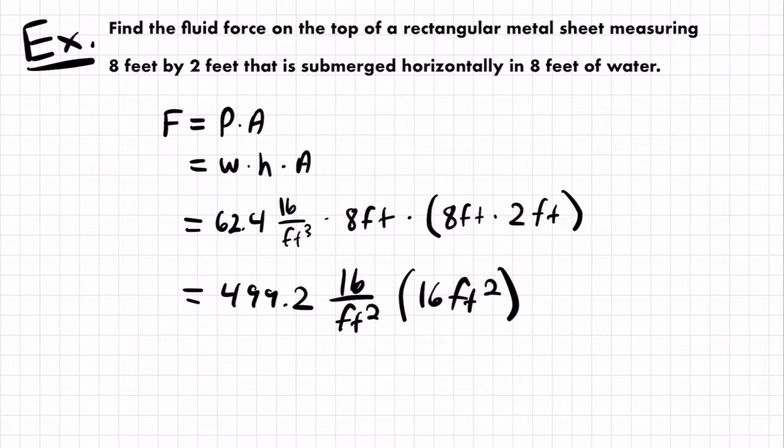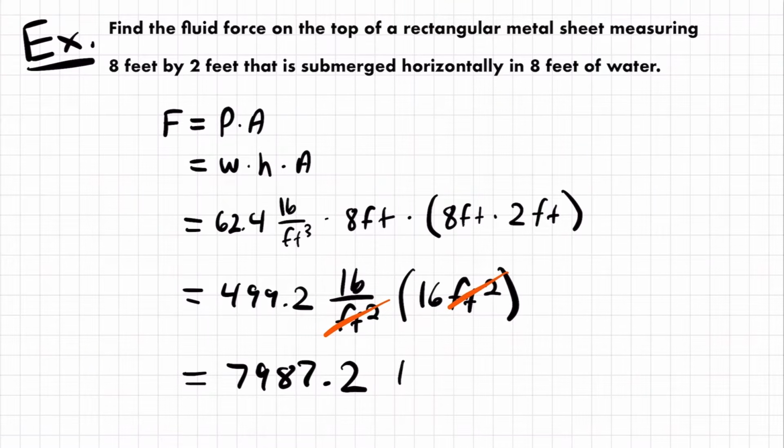If we multiply 499.2 pounds per square foot times 16 feet squared, those units of square feet will cancel out, and 16 times 499.2 will be equal to 7,987.2, and our units are going to be in pounds, since that is what is left over after the square feet cancel out.